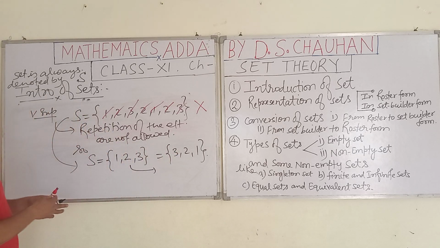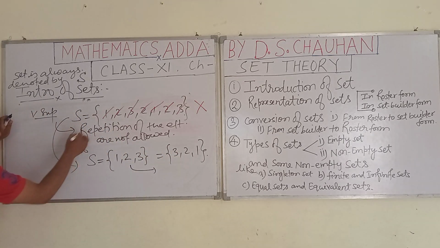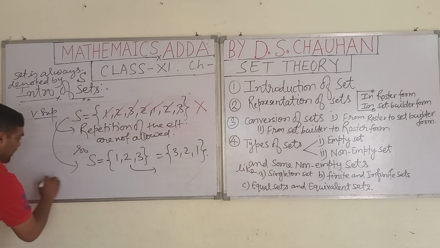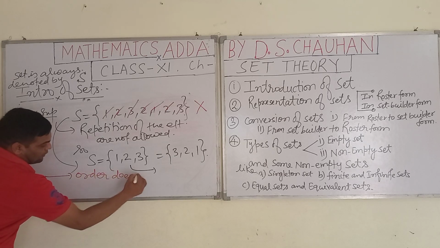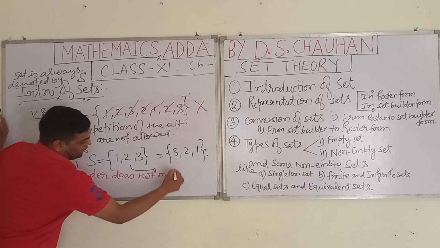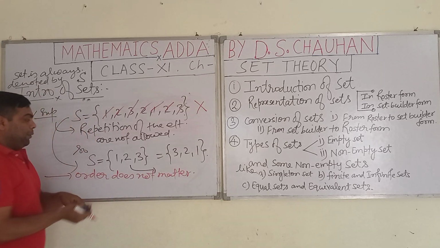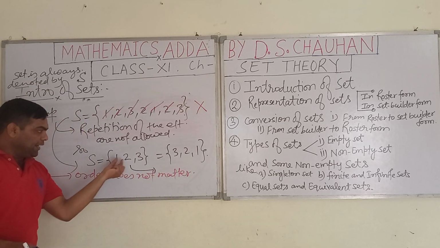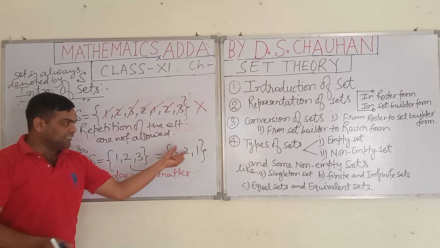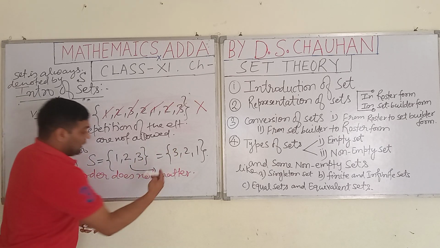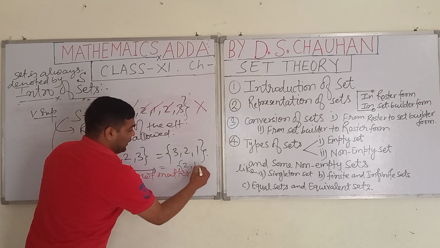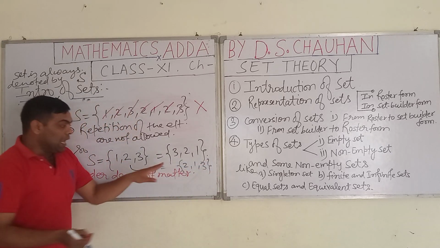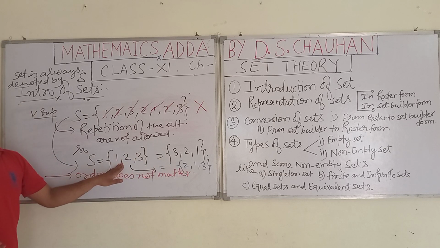One thing, students, I want to tell you: at the time of writing a set, order does not matter. Order does not matter. It means if one student is writing 1, 2, 3, another one is writing 3, 2, 1, and another student is writing 2, 1, 3, all are correct.